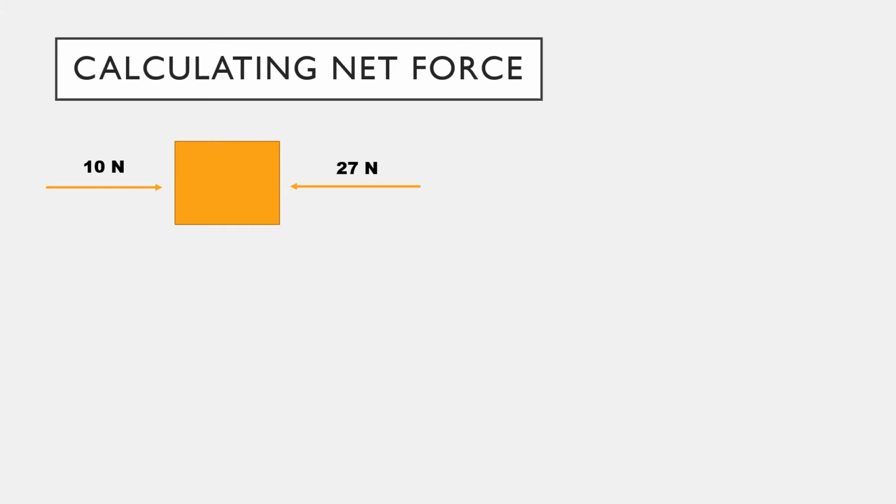Okay, so this box again, we have your 10 Newton and 27 Newton. Take a look at the arrowhead, it is going to the right and this one is going to the left. First question, are the forces balanced or unbalanced? Are they the same or they are not?